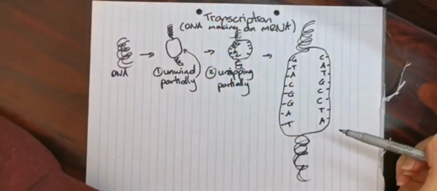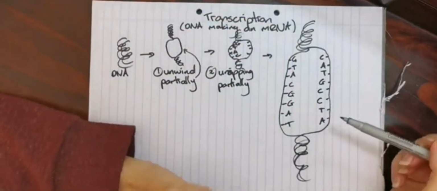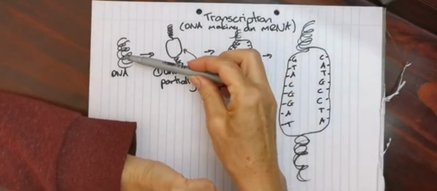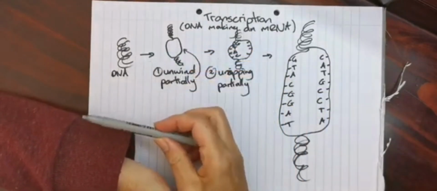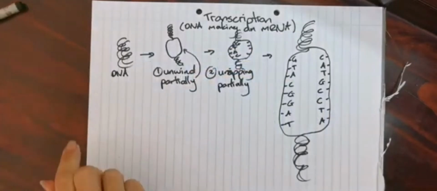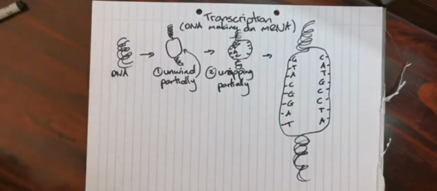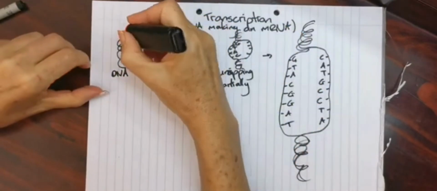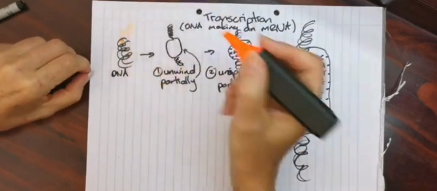Now, why just a section? The reason for that is whatever the protein is that we want to make, that information is contained somewhere in the DNA. So if we look at this DNA strand over here, perhaps that first section contains the information for eye color.